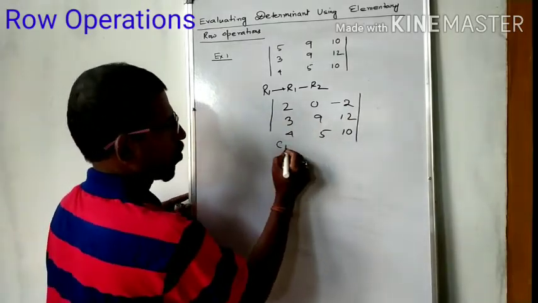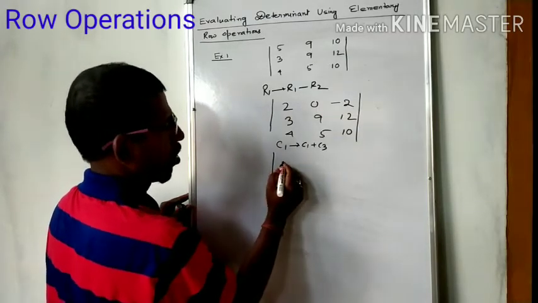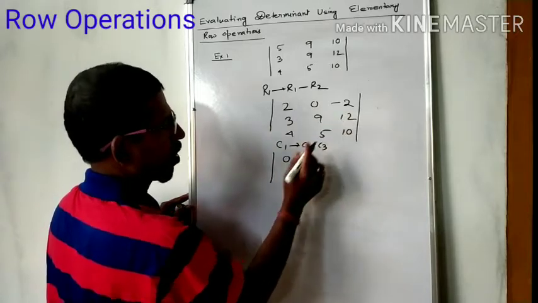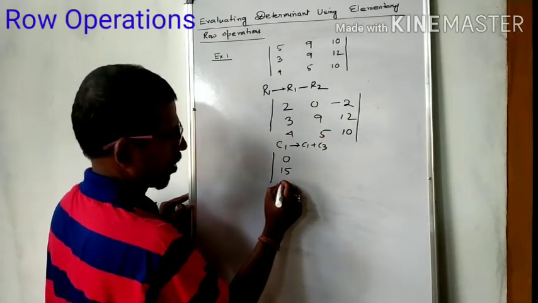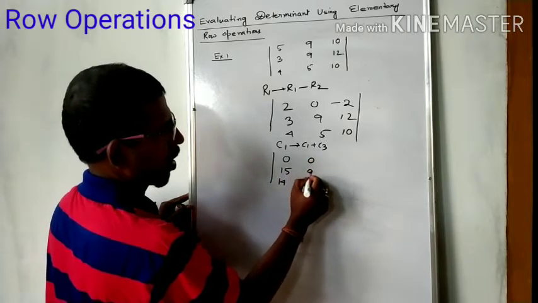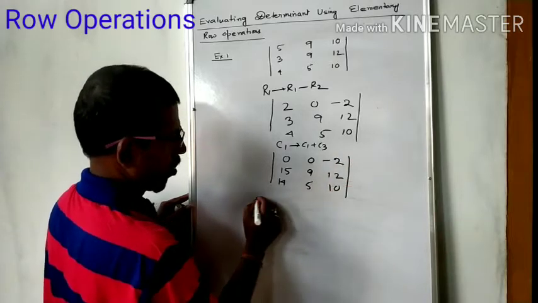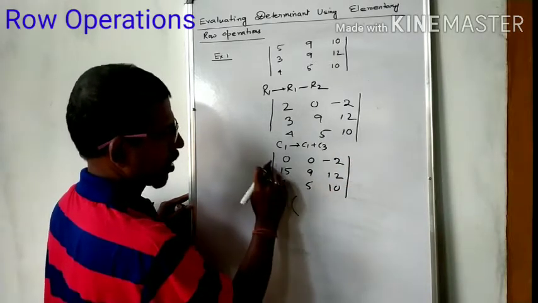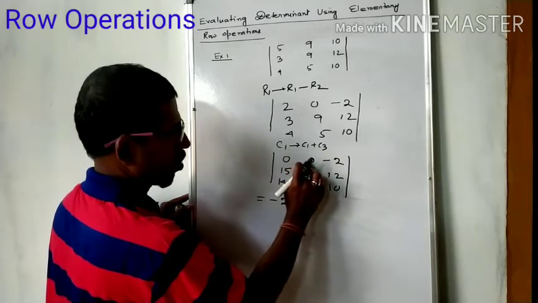So you can use C1 tends to C1 plus C3. 2 minus 2 is 0, 3 plus 12 is 15, 4 plus 10 is 14, and 0, 9, 5, 12, 10. Now, expanding by R1, 0, 0, then minus 2 will be there.